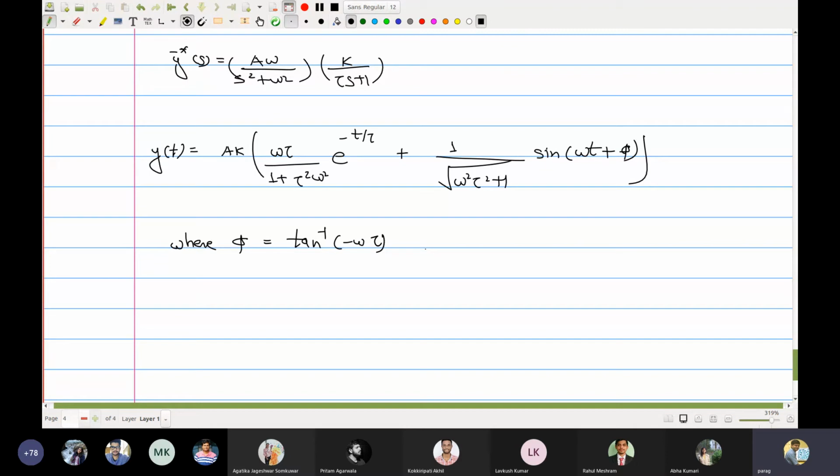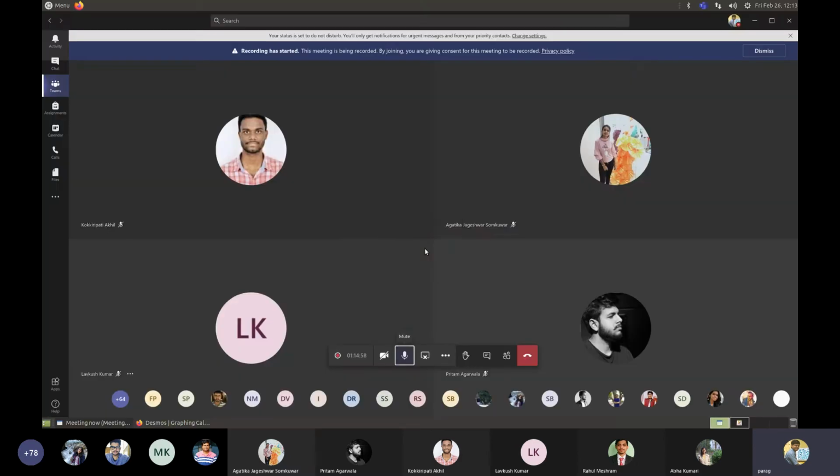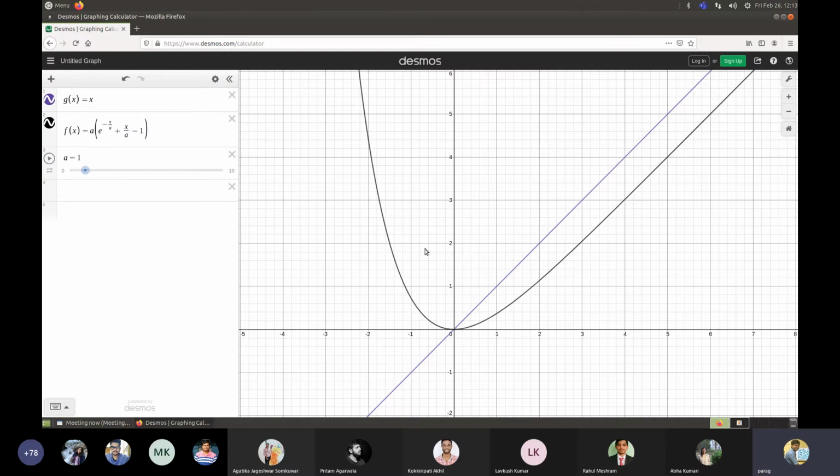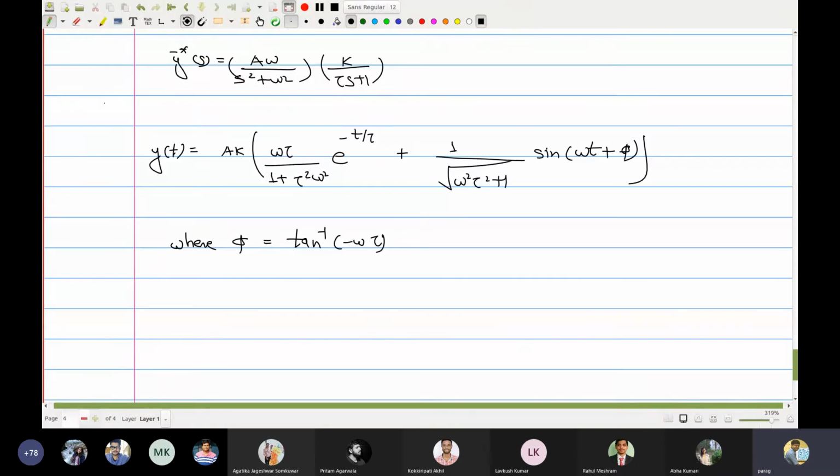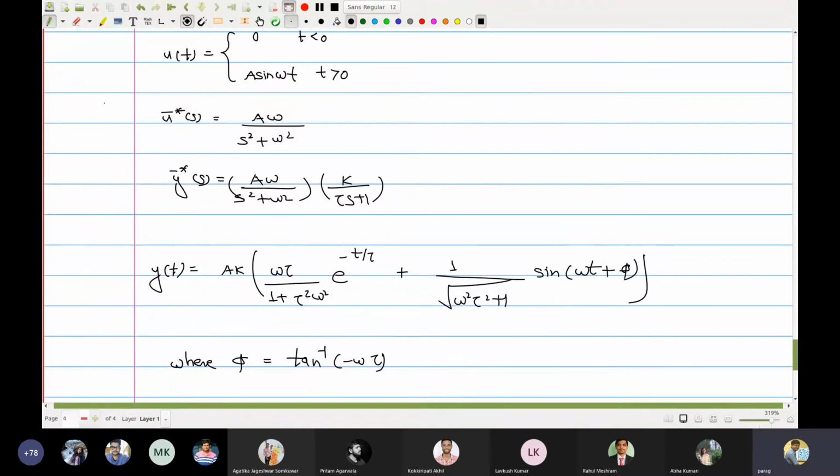Okay, so now I would like to see how does this response look like, and what exactly can I invoke as the definition of time constant from this particular function. So let me first write down the input. My input was a sine omega t.